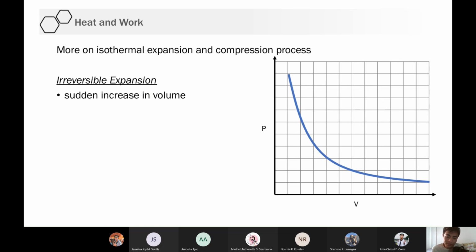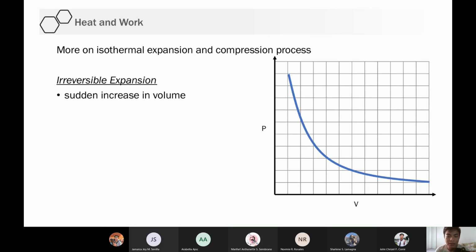There are lots of types of expansion. But in our case, isothermal expansion muna, kasi yun lang yung basic. Basic lang naman tayo. Okay. So let's talk about isothermal expansion. These are expansion of the gas at constant temperature.